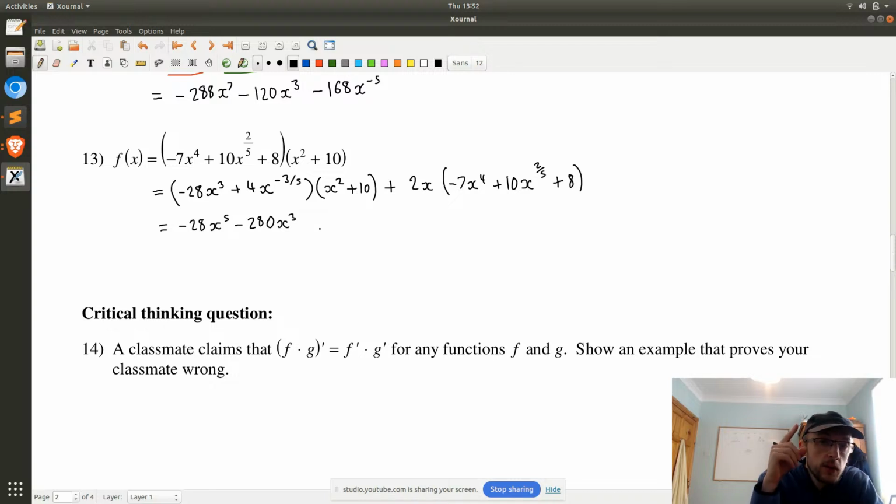Now I did this one a lot wrong last time, this step. -3 fifths plus 2. That's 1 2/5, which is 7 fifths. Okay. I think I did that correctly. Next.